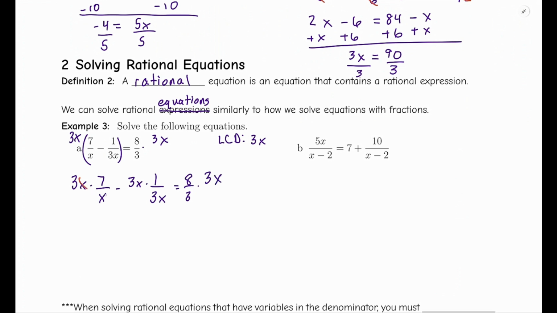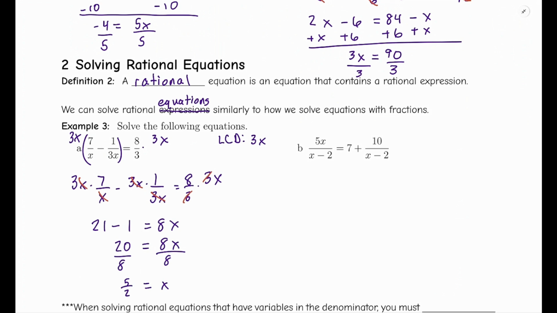The x's cancel out, the 3x's cancel out, and the 3's cancel out. So we're left with 21 minus 1 equals 8x. So we get 20 equals 8x, divide by 8, divide by 8. We get 5/2 equals x.